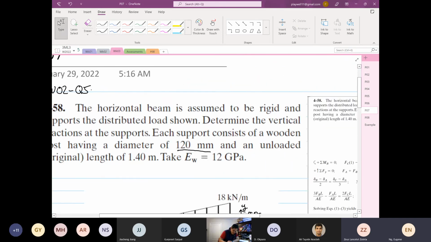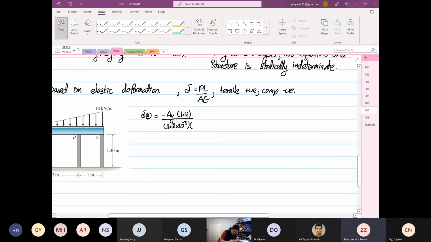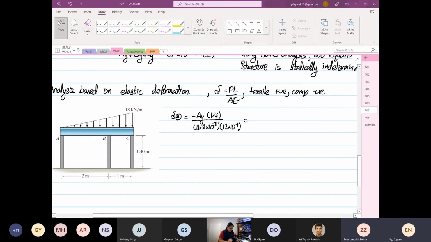The E is 12 times 10 to the power 9. So it's 1.4 divided by 11.31 times 10 to the power minus 3, divided by 12 times 10 to the power 9. It's equal to minus 10.315 times 10 to the power minus 9 AY.